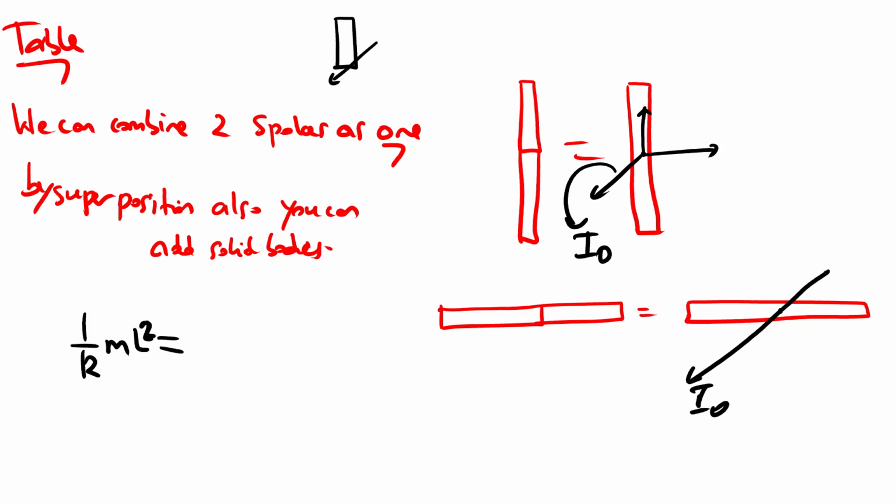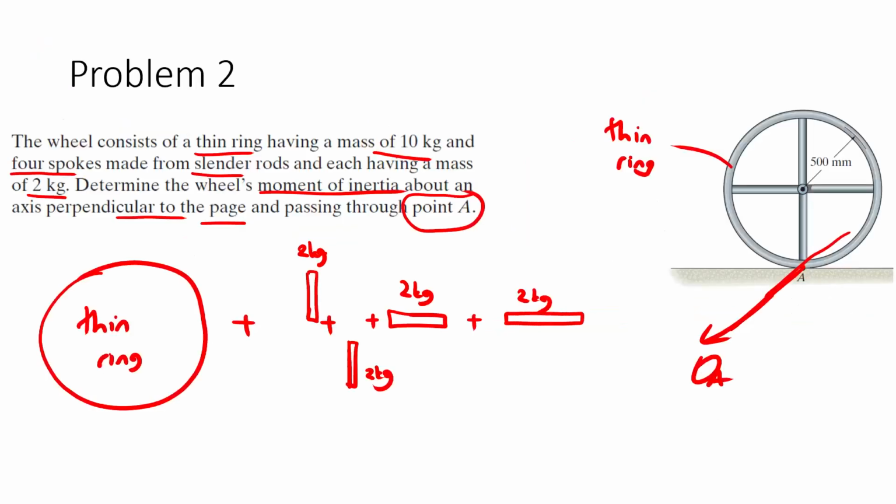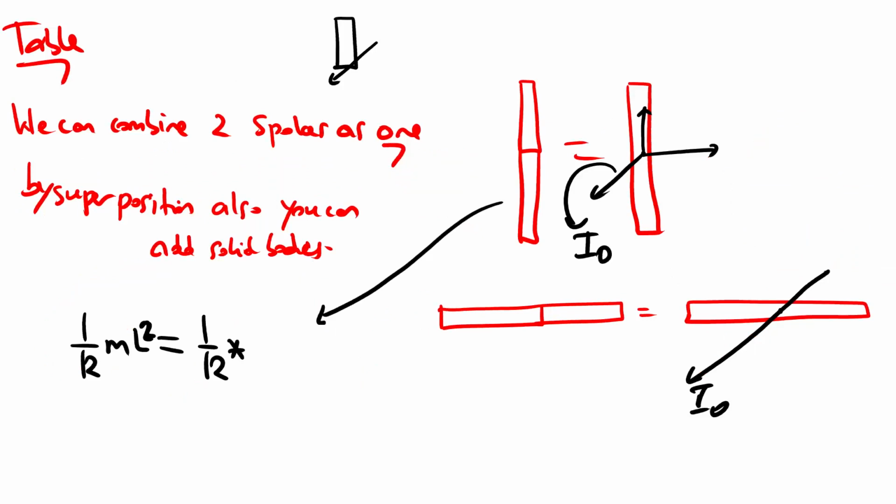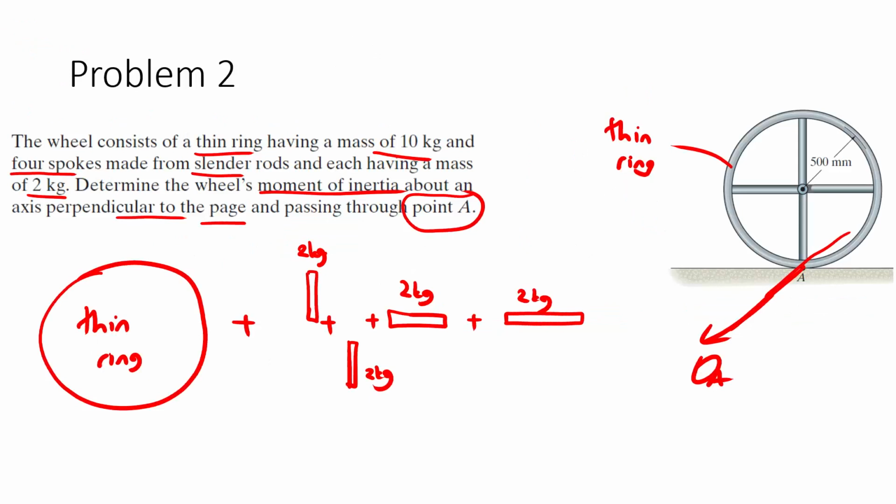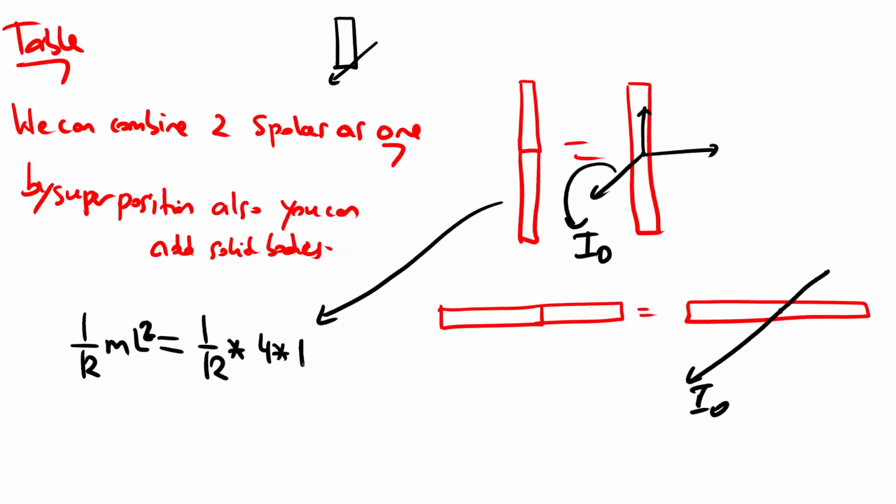That will be 1/12 times the mass, which is 2 kg and 2 kg, so 4 kg. This is only for one. L is 500, so 0.5 squared, that is 1/3.